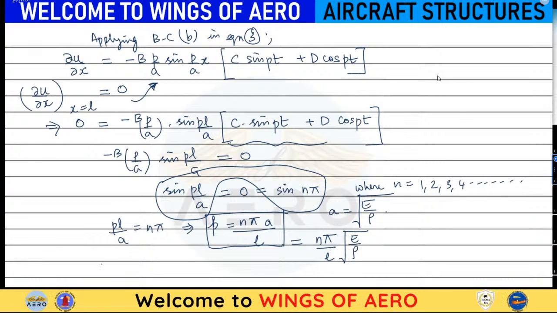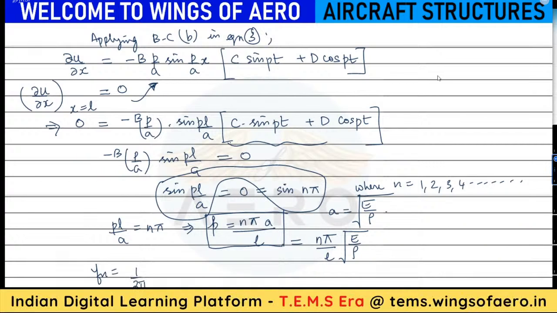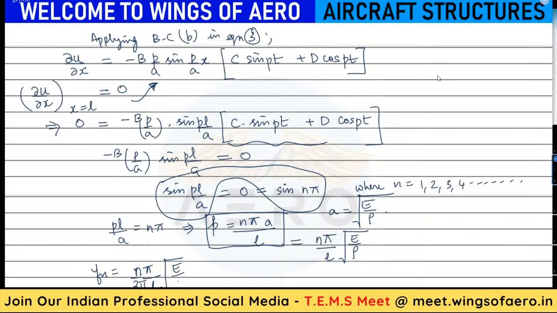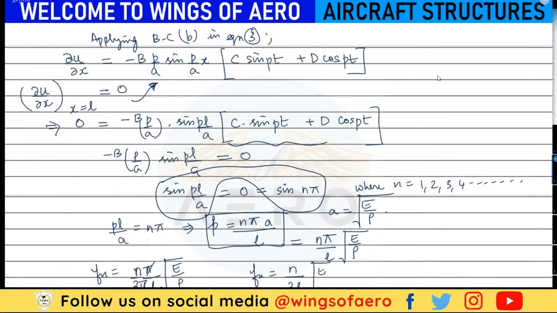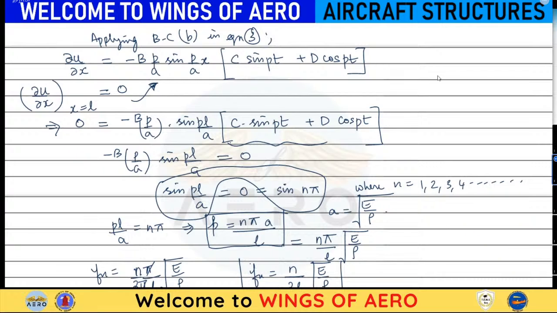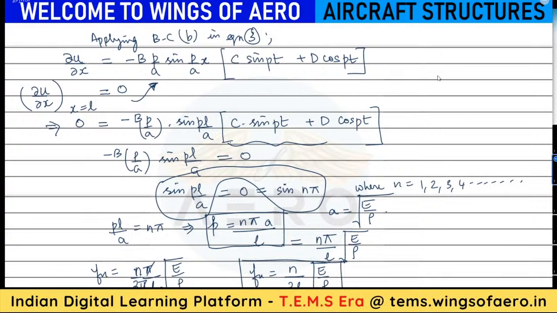Now if I need to write in terms of frequency I can divide by 2 pi. Here we have n pi by L root over E by rho, so this pi will get cancelled off. So frequency can be written as n by 2L root over E by rho. This is the final thing.